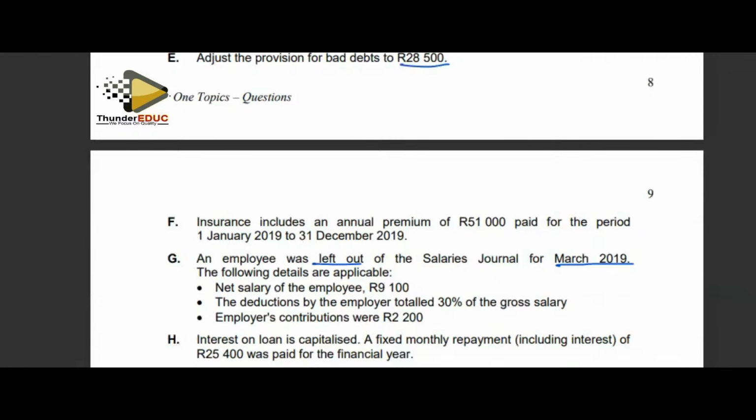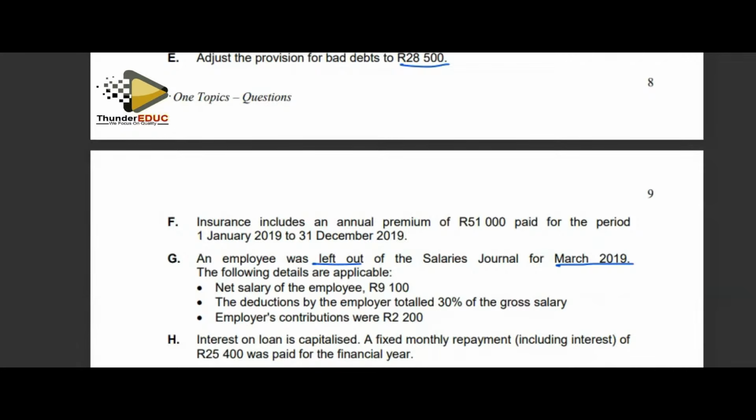Or even if it was not paid, remember we are using the accrual principle here. Any expense or income which pertains to this financial year has to be recorded. So here we have to correct these adjustments. We are correcting all the mistakes which we made.